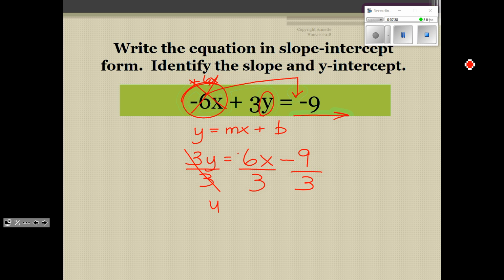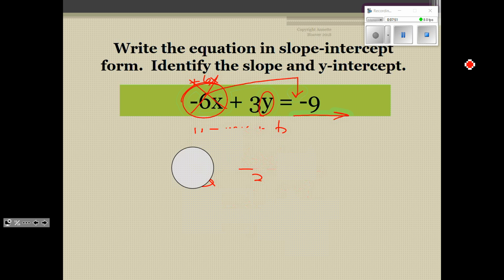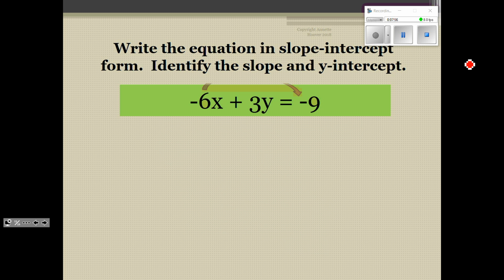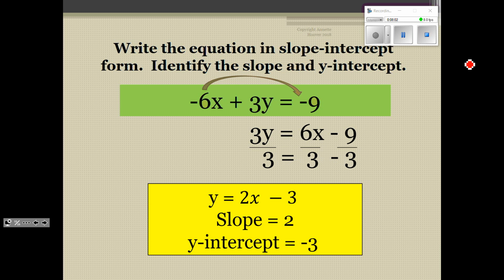When we do that, y equals 2x minus 3. Of course, the slope right here would be 2 over 1, or a rise of 2 and a run of 1. We were practicing for this when we were solving for variables in our previous chapter. It just shows you the steps again.